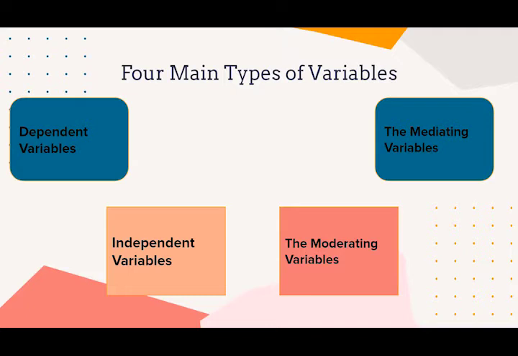To establish that a change in the independent variable causes a change in the dependent variable, all four of the following conditions should be met. The independent and dependent variables should covary: a change in the dependent variable should be associated with a change in the independent variable. The independent variable should precede the dependent variable.